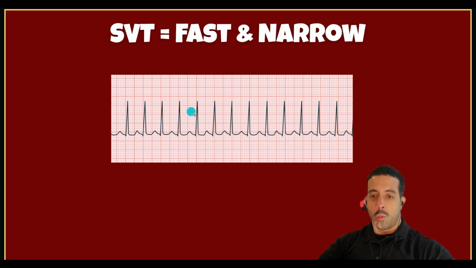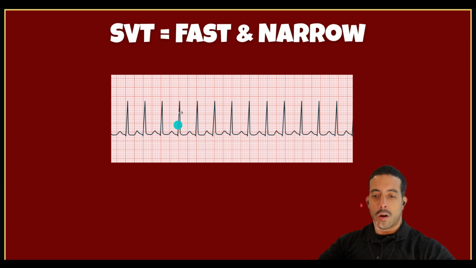And we mentioned that one large box is 300. And if you have two large boxes or less, it's higher than 150. And that's what we're seeing here. Now, this is a regular rhythm. Notice that the distance between each R wave is normal. It's the same distance in between all of them.